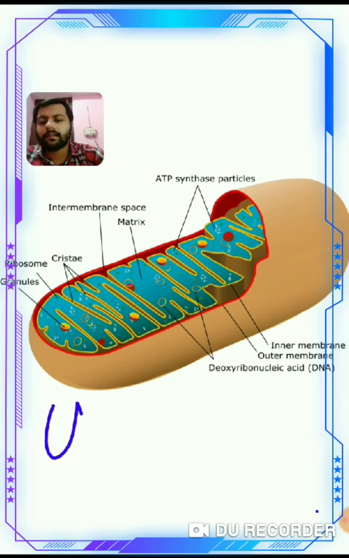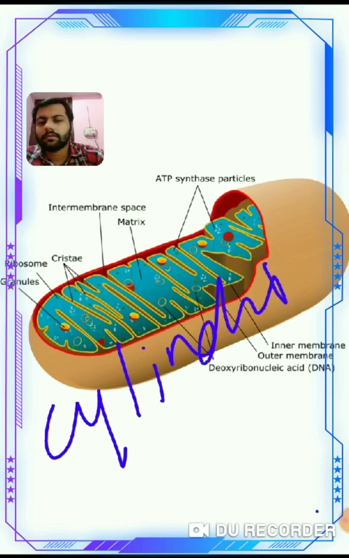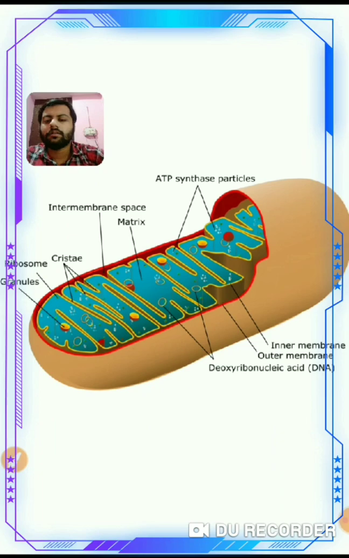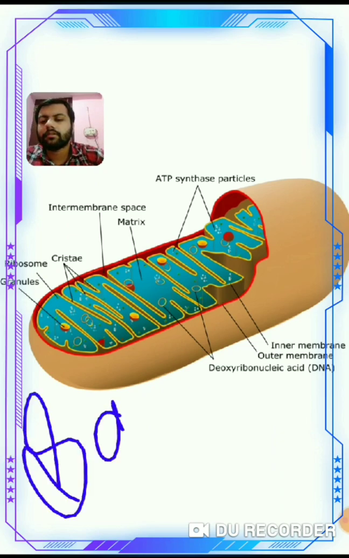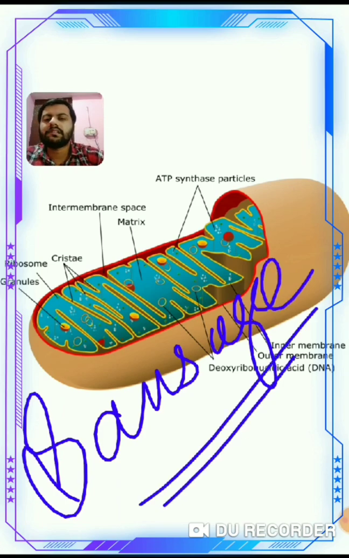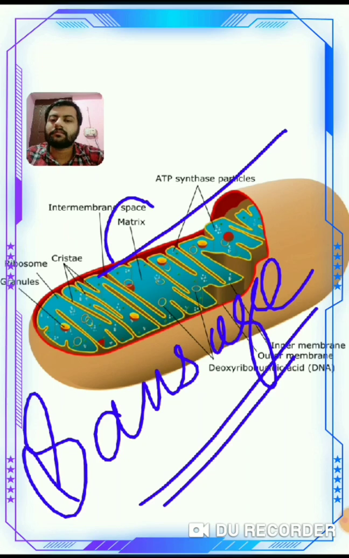Sausage shape means when we put jam in the bread, it will appear like this, up and down. Likewise, mitochondria also appear sausage shaped.